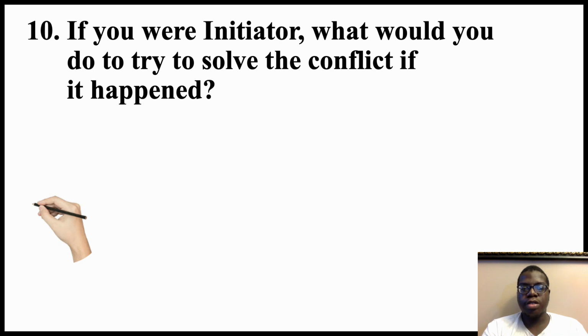Read the question. Question 10. If you were initiator, what will you do to try to solve the conflict if it happened? Think about the snippet. How can I correct the conflict to try to make things positive? I picked the papers up and apologized.